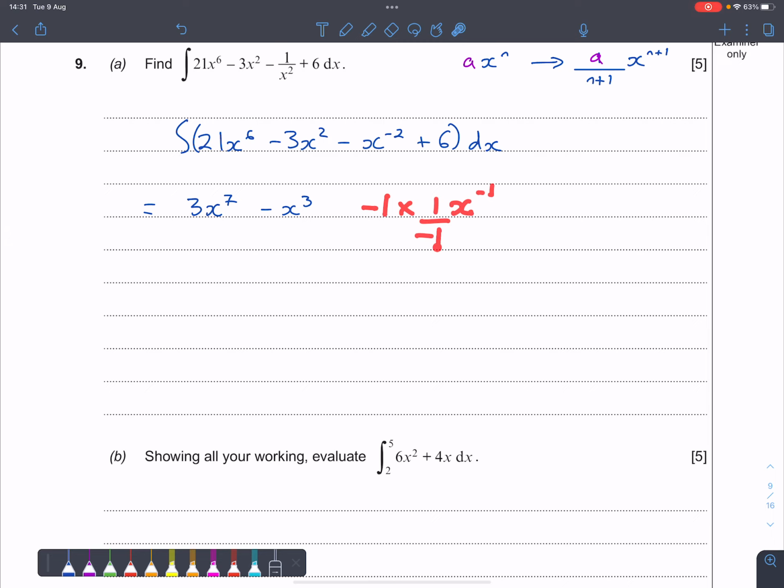So now we have a negative multiplied by a negative, so that's going to cancel completely, making it positive, and I'm left with 1 lot of x to the negative 1. So I get plus x to the negative 1, and then the plus 6, any constant, will integrate to that number of x's, so we get plus 6x, and then we have our constant of integration, plus c.